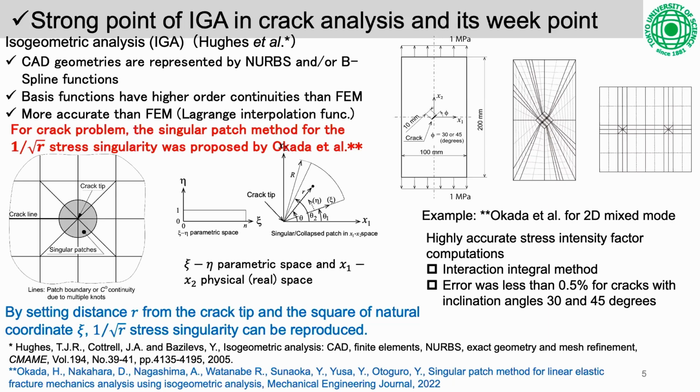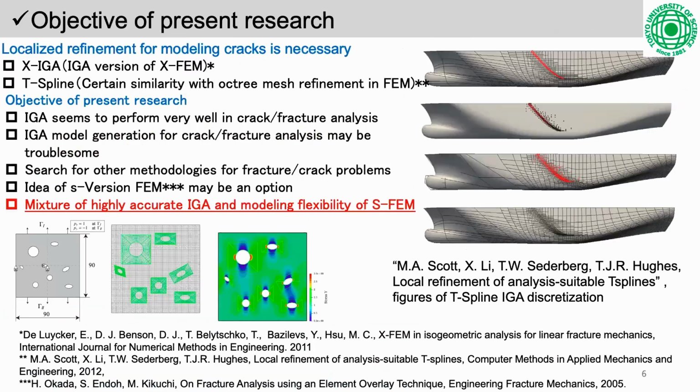However, IGA has some problems. When you perform crack analysis, you need to refine your model locally. However, an IGA or B-spline volume is very similar to a sort of super element in the sense of finite element.